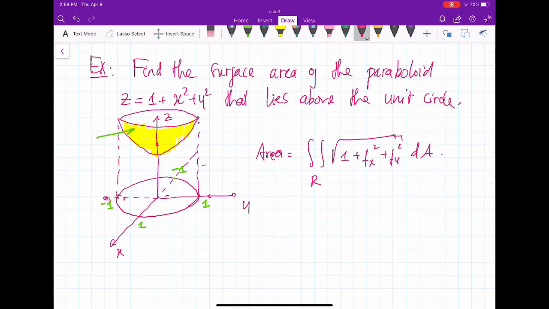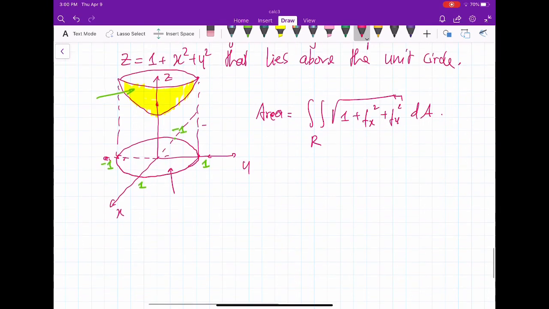But the region R in this case is the unit circle, and we know for such a region it is much easier to use polar coordinates, right? But when you change the variables from rectangular to polar coordinates, don't forget we will have the factor r in here, okay?